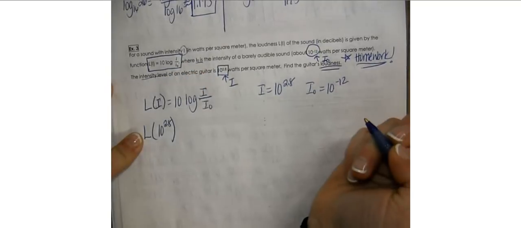So I'm going to substitute both of these numbers into my formula and then I'm going to simplify from there. I'm going to write L of 10 to the 2.8 power is equal to 10 times log of 10 to the 2.8 power divided by 10 to the negative 12th power. Once you've entered in these numbers into the formula, you want to simplify as much as you can.